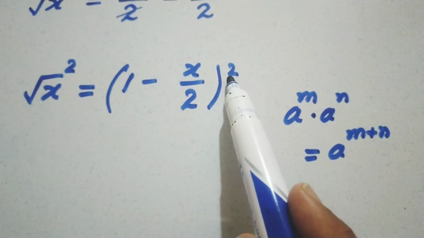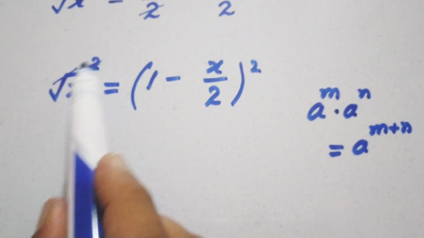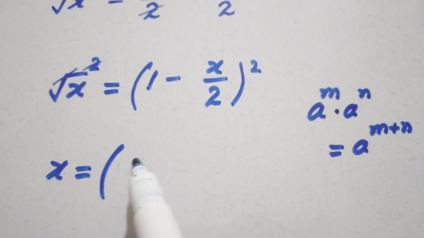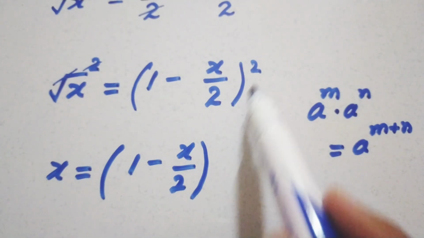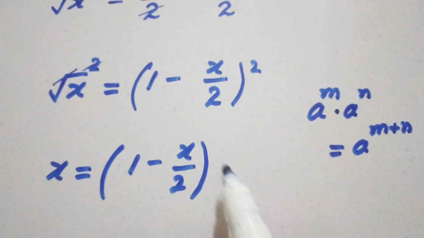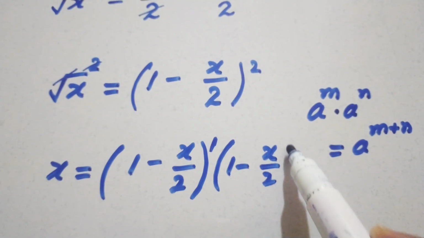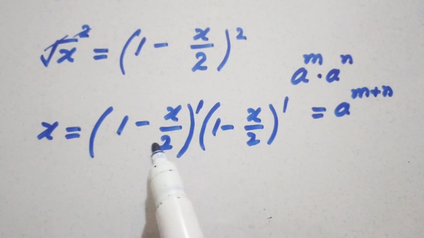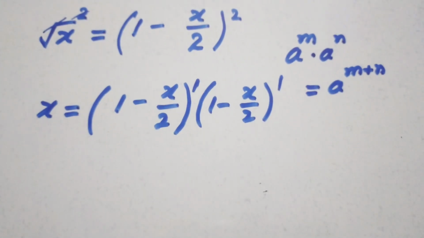So we can write this 2 as 1 plus 1, and in the next step, this square root and square cancel out each other. Here x is equal to 1 minus x by 2 whole power 1 plus 1. So we can write by using this algebraic identity as 1 minus x by 2 whole power 1 times 1 minus x by 2 whole power 1. When the bases are same and multiplying each other, then their powers will be added. So this will become 1 minus x by 2 whole squared.